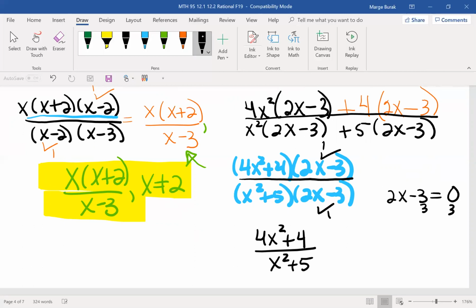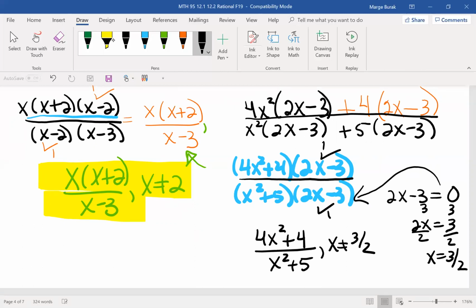So let's find out what our domain restriction is. So x cannot equal 3/2 because that is my factor that was canceled. So comma, x cannot equal 3/2. This is my complete answer with domain restriction.